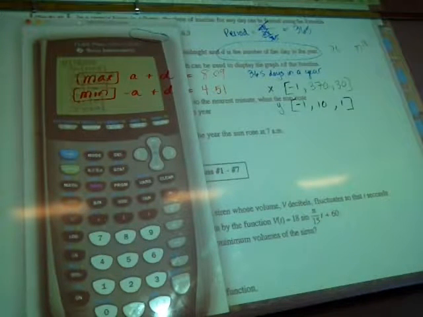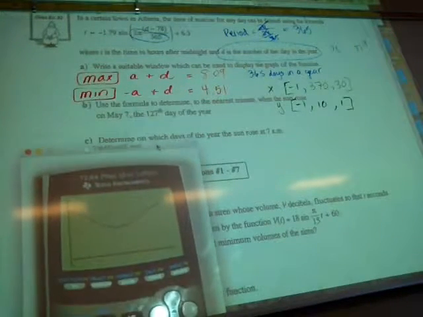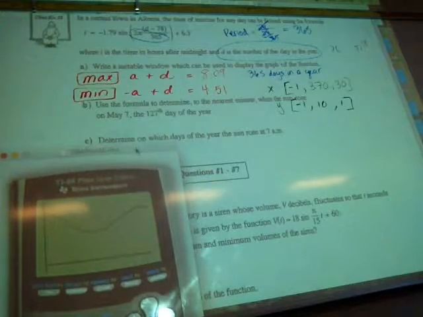Mine are the same. Oh, my y max needs to be at 10. It's like, why isn't this graph showing up? Make sure your window settings are good to go. There you go. Now we got it. I'm going to move this down here so we can talk about it.